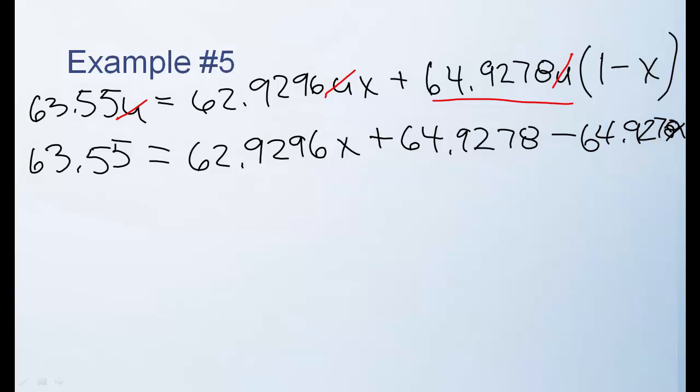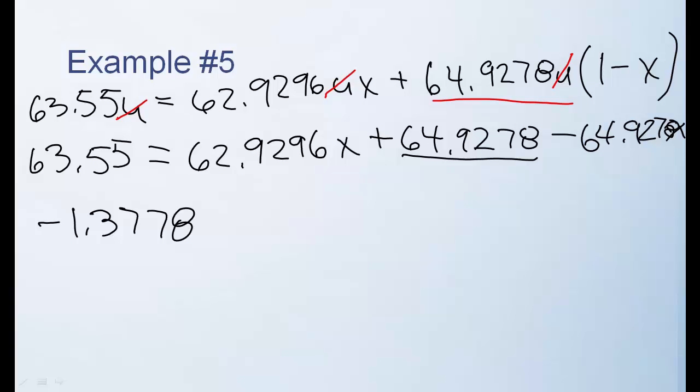And now I have to collect like terms and simplify, as I learned in algebra class. I have to keep track of these sig figs as I do this, as I always do. Minus 1.3778 if I move this term here to the other side of the equation.